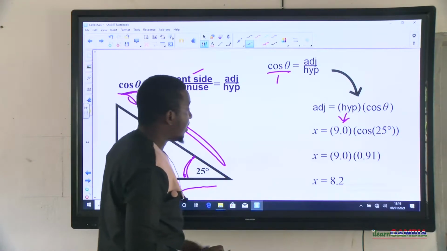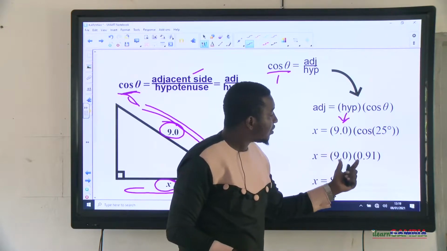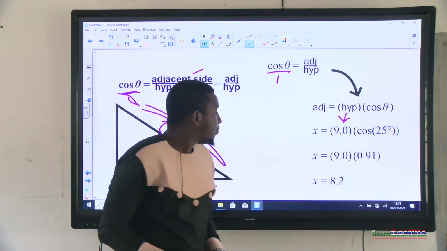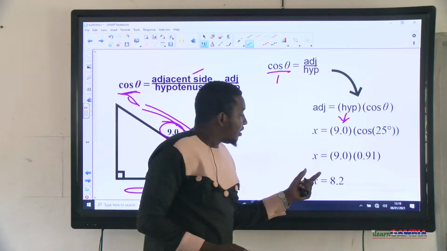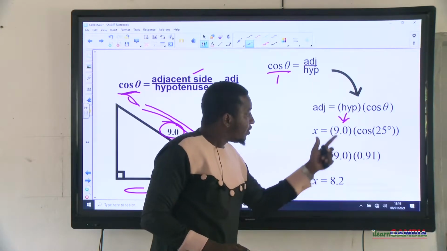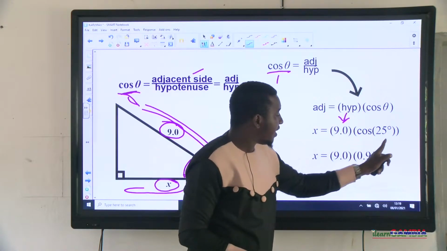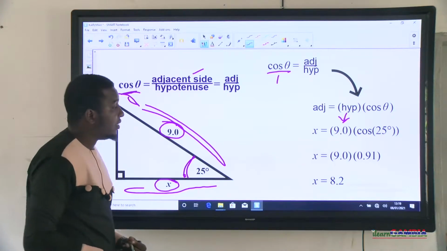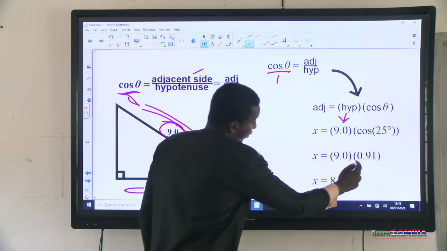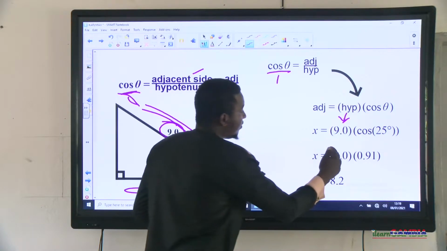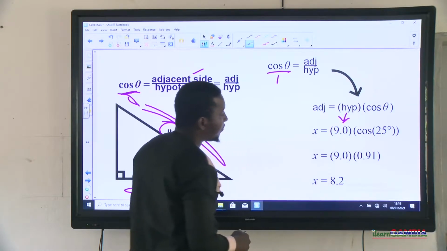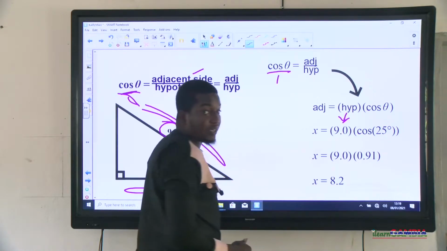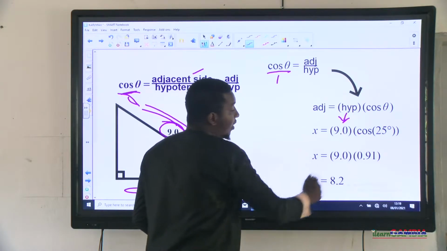So x is equal to 9.0 multiplied by cos 25. Cos 25 is equal to 0.91.